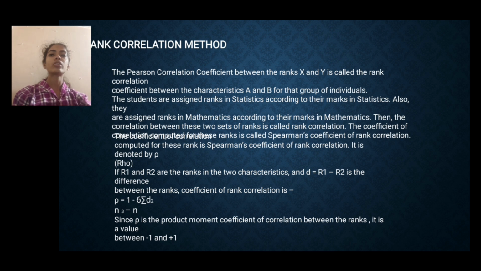Karl Pearson's coefficient of correlation can be calculated only if the characteristics under study are quantitative. The Spearman's coefficient of rank correlation can be calculated even if the characteristics under study are qualitative. If it is possible to assign ranks to the units with regard to the two characteristics, the coefficient of rank correlation can be calculated.